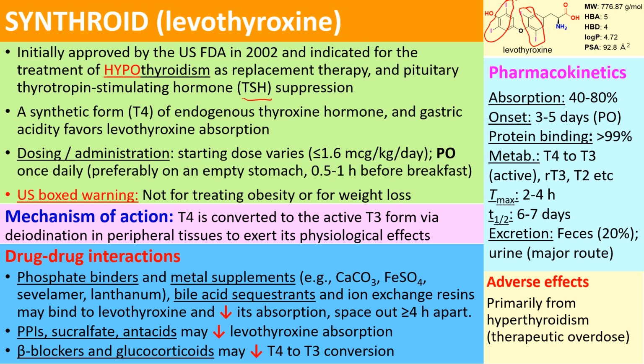Hydrogen bond acceptor refers to the number of oxygens and nitrogens within the drug molecule. Hydrogen bond donor 4. Hydrogen bond donor refers to the number of hydroxy or NH groups within the drug molecule. Log P 4.72. The higher the log P, the more lipophilic. Polar surface area 92.8 square angstrom.